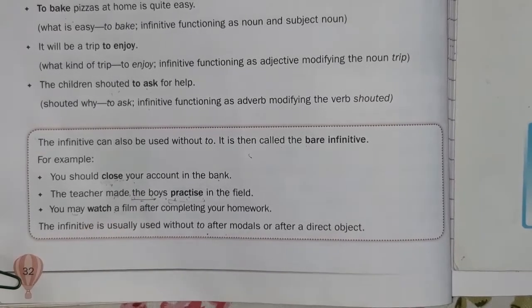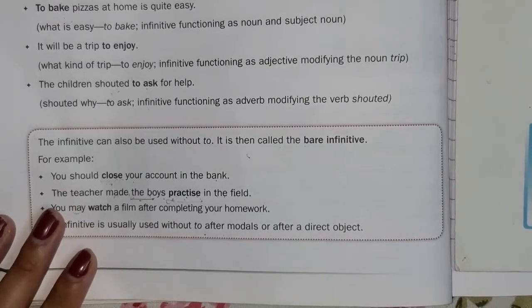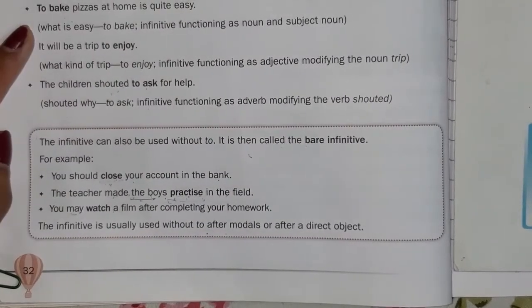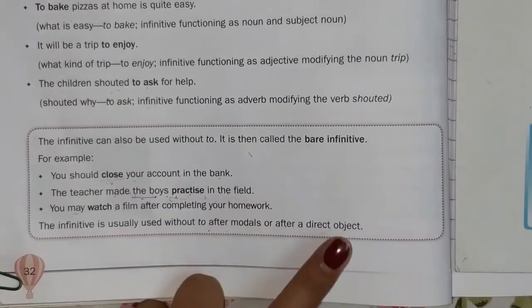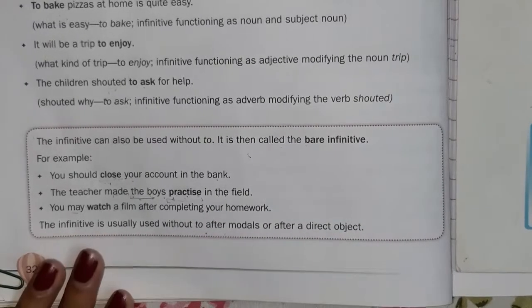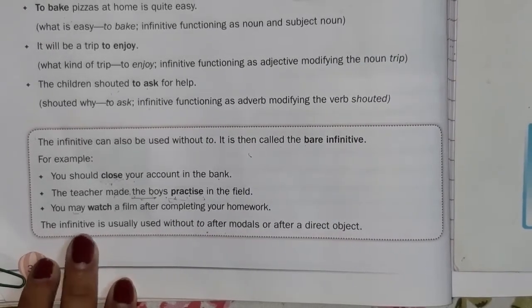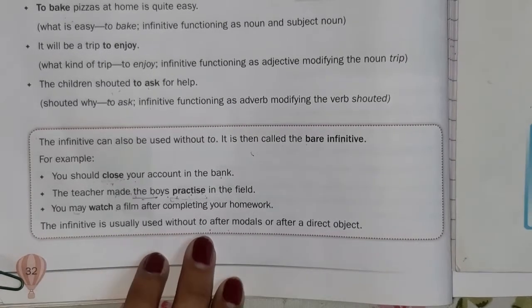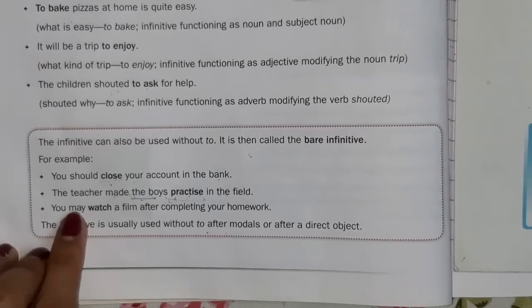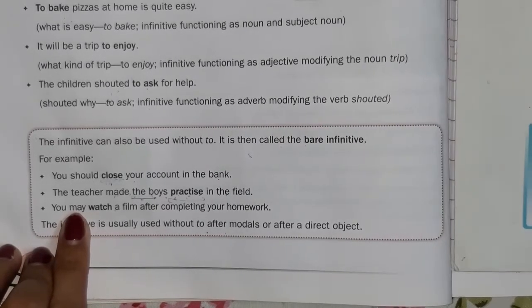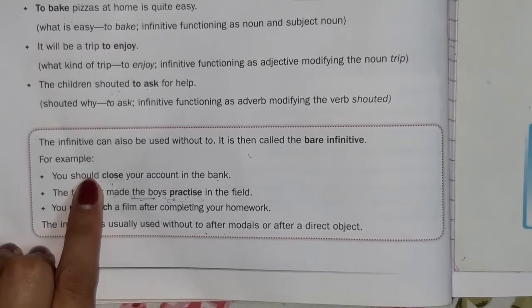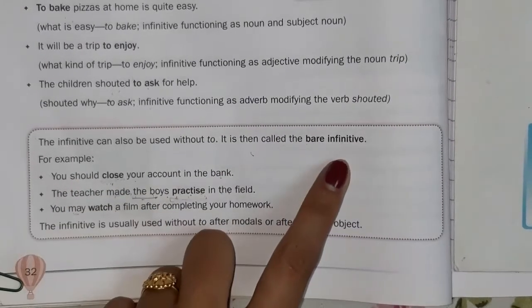Now where and how do we use the bare infinitive? So you have the infinitive, to plus the base form of the verb, and you have the bare infinitive without to. Now where will you use it? A very easy trick is given here. The bare infinitive is used without to after modal verbs, meaning may, might, can, could, shall, should. So after a modal verb, whenever you use an infinitive, you have to use a bare infinitive.